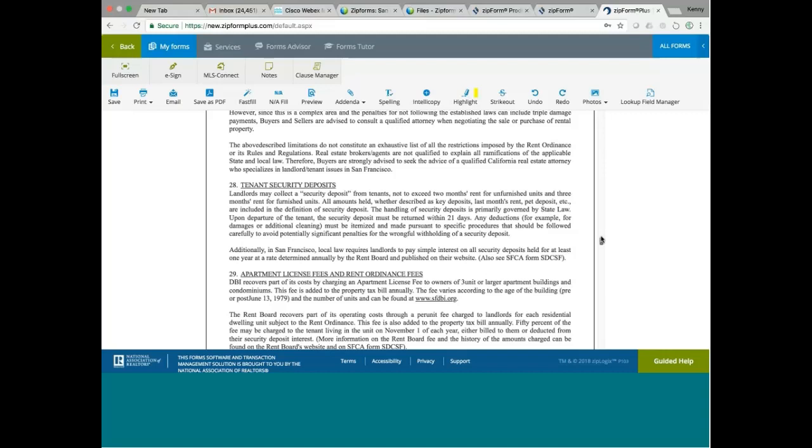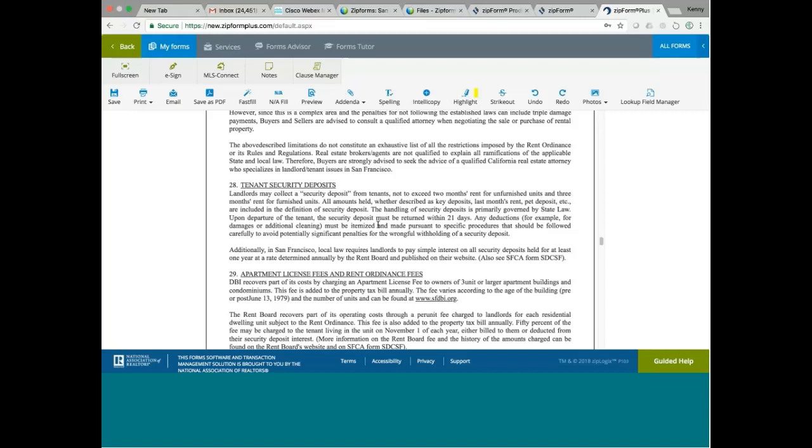Now, the way you will prepare the statement to account for the security deposit is not as simple as you think. There may be a standard form, there may not be a standard form, but whether you're using a standard form or not, every single repair item has to be itemized.